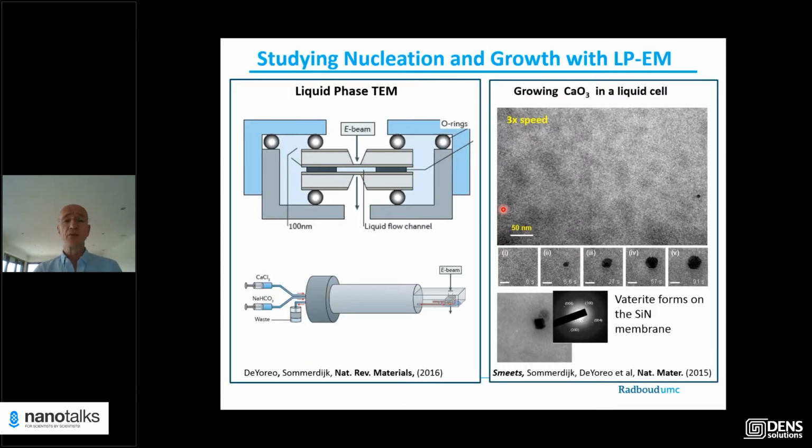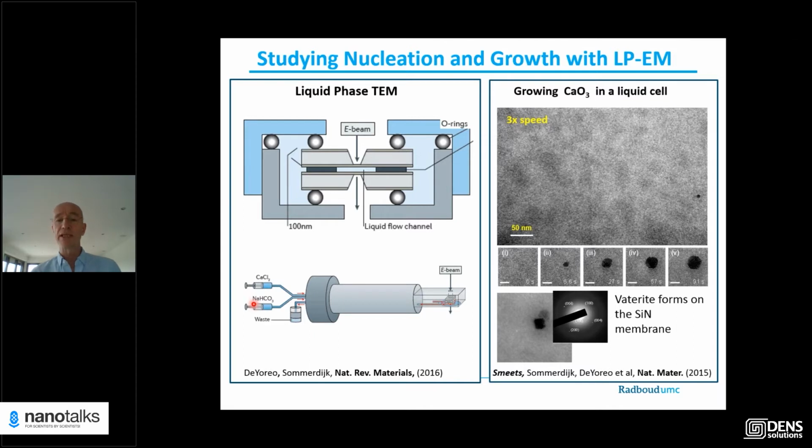And for that, we used liquid phase electron microscopy. First, Paul started to see if he could grow calcium carbonate crystals inside the holder inside the electron microscope. So we had a flow holder in which we could inject calcium ions into the cell, and we could also introduce carbonate ions into the cell.